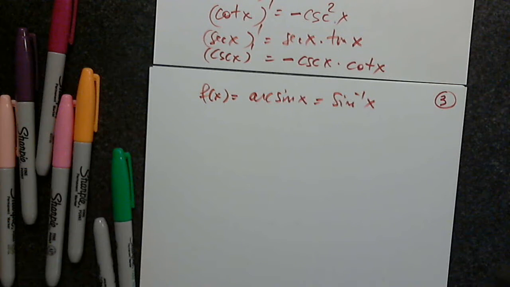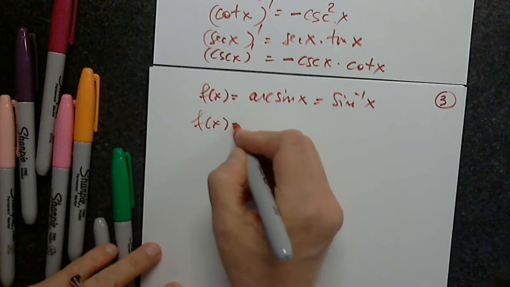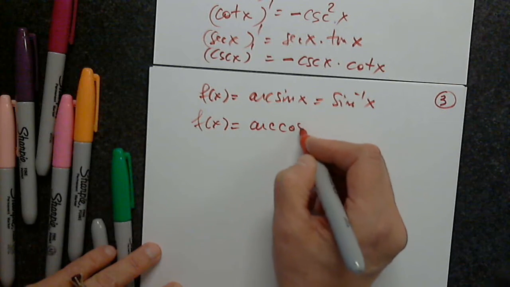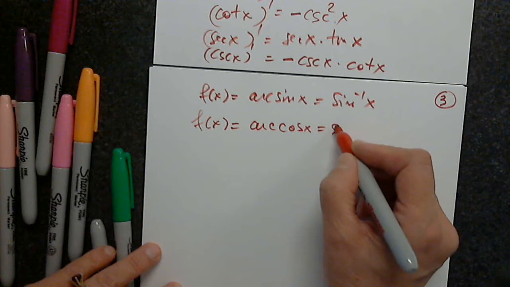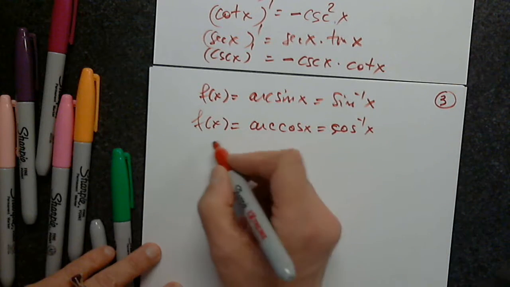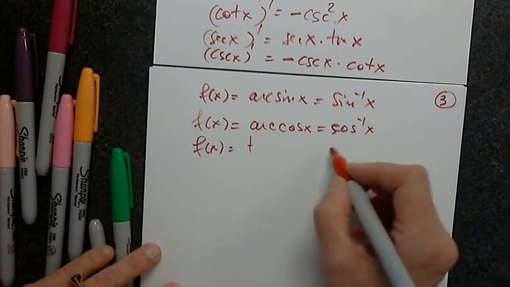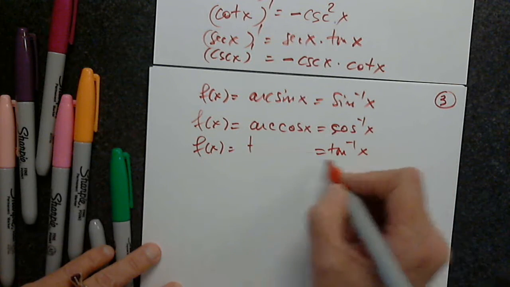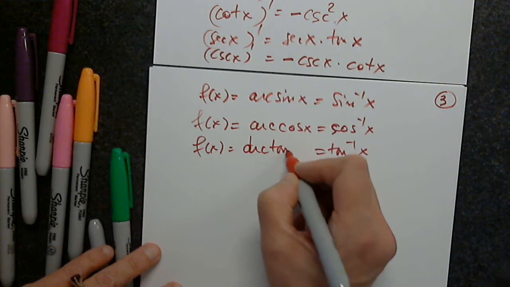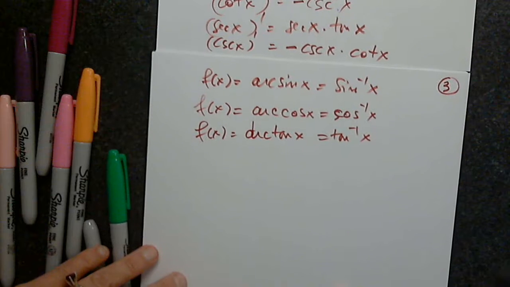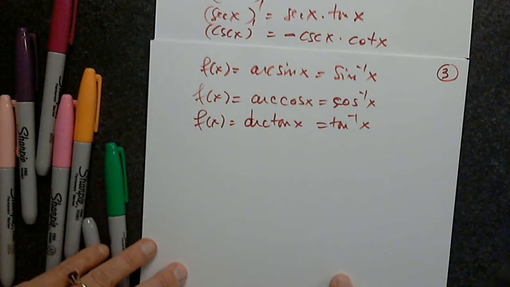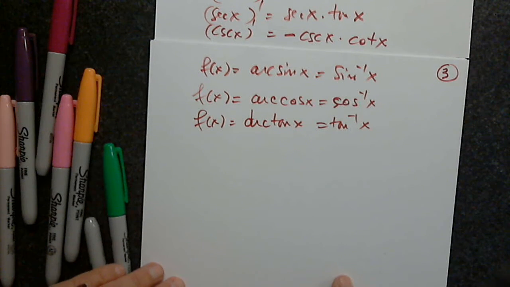It's the inverse function of sine. The second is arc cosine x, or cosine inverse x. And the last one is arctangent, or tangent inverse. These are the only 3 that I'm asking you to remember.